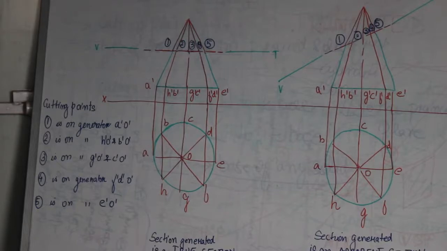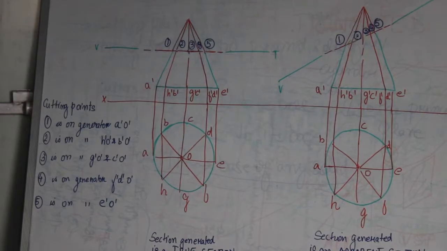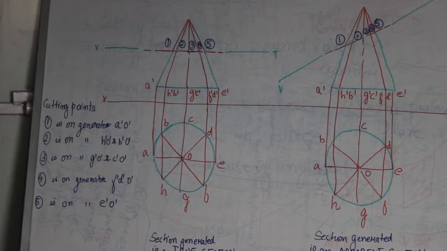All of those lines which were dark are now light lines, and the red lines are now telling you that this portion has been removed by the cutting planes. VT is the cutting plane, and in the first part we are using HSP, and in the second part we are using AIP.